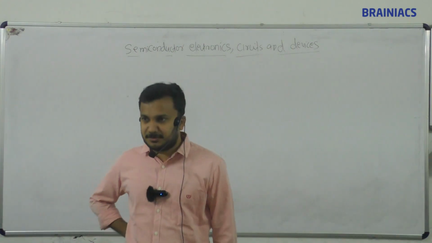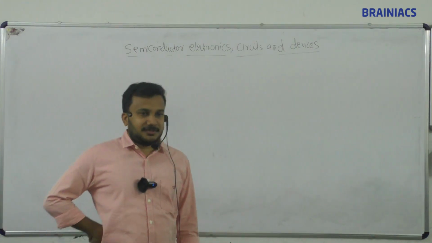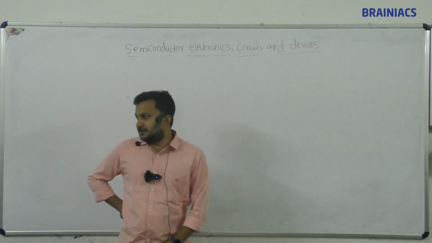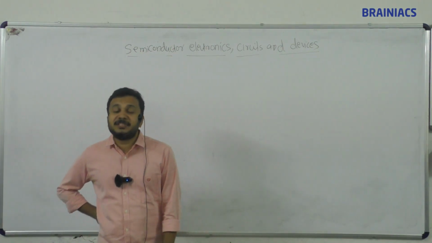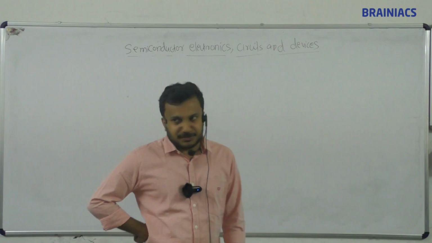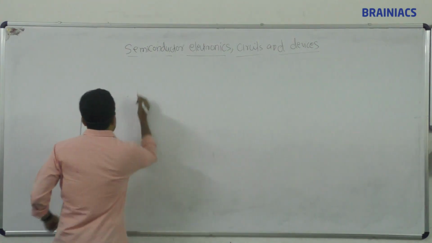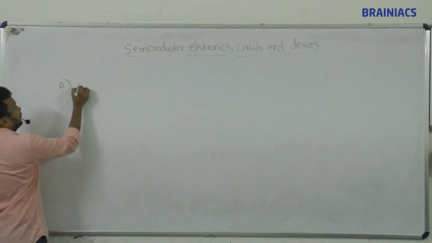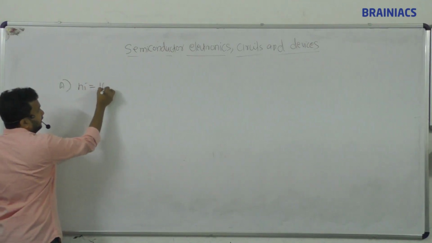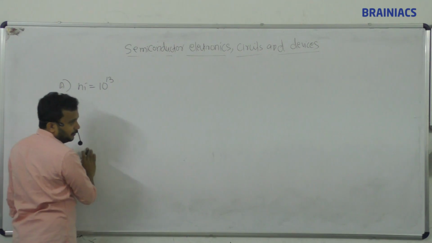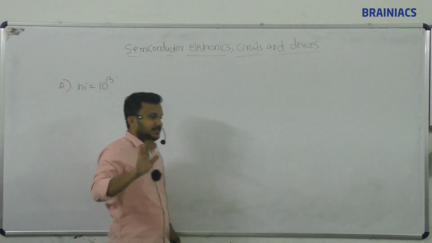This is what we have learned from the theory. It is called intrinsic concentration, which is equal to Ni. Ni in the question is equal to 10 power 13. So the first sentence is over.